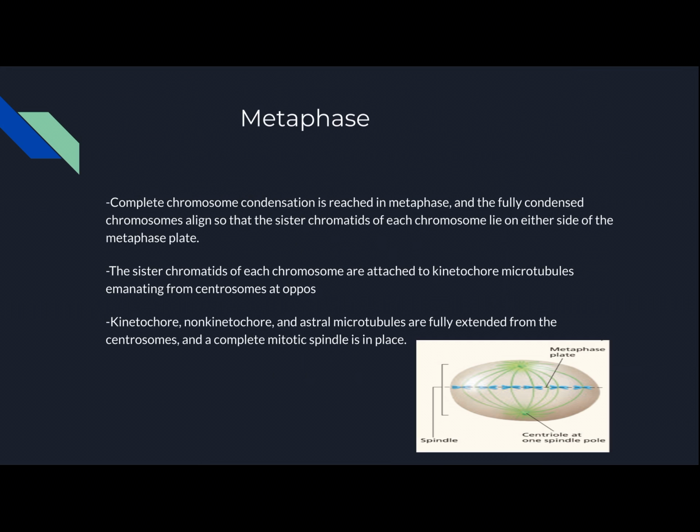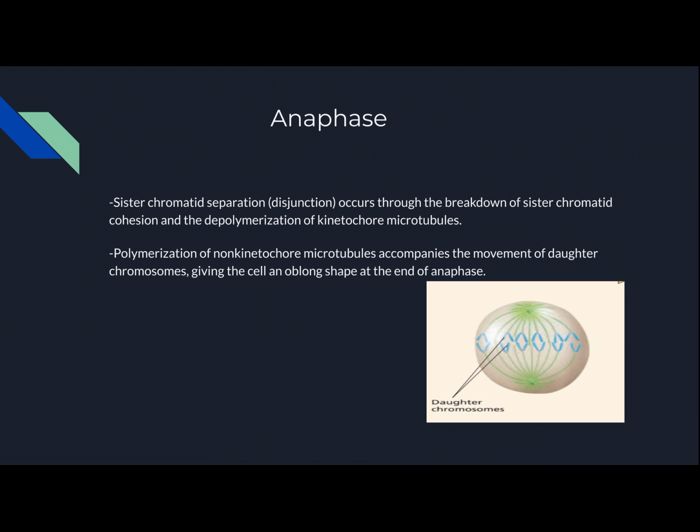So really what you need to know is that it's just the alignment of chromosomes/daughter chromatids in the metaphase plate, and then the meiotic spindle is finally formed, and the chromatids bind to the kinetochore or the protein complex. That's all you need to know for metaphase. Then anaphase: the sister chromatid separation, or disjunction, the separation between the chromatids, occurs through the breakdown of sister chromatid cohesion.